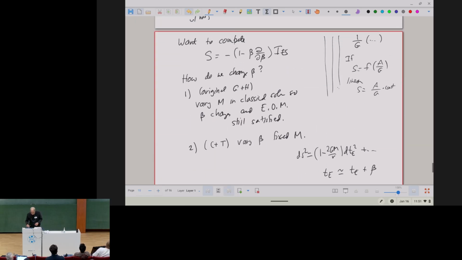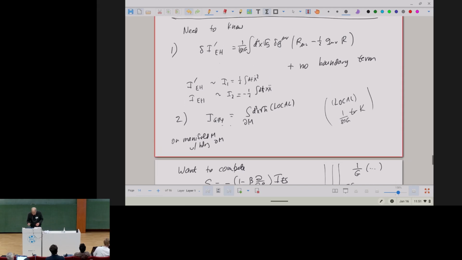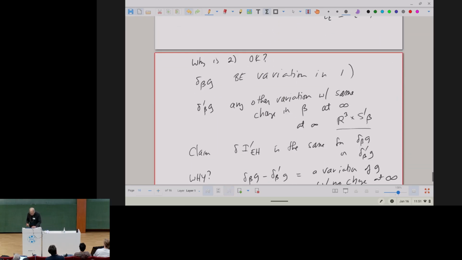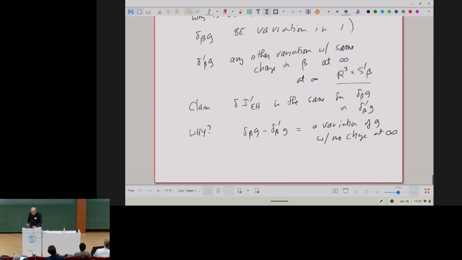But as I told you here, property number 1 of the improved Einstein-Hilbert action is that under any variation with no change at infinity, the change in the action is a multiple of the equations of motion in first order. And since the starting point is a solution of the classical equations, that means that there's no change in the action if we change the metric by delta beta minus delta prime beta.